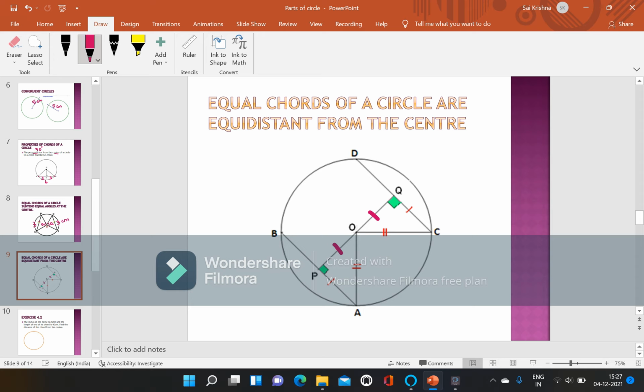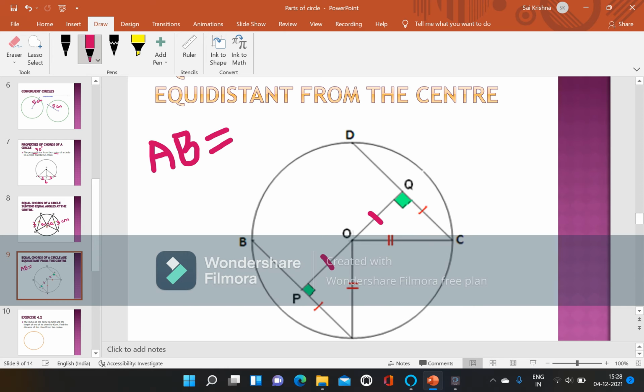As we have seen in the first property, when we draw a perpendicular from the center, it bisects the chord. So first, as I said, AB is equal to CD because both are equal. This is the first point.